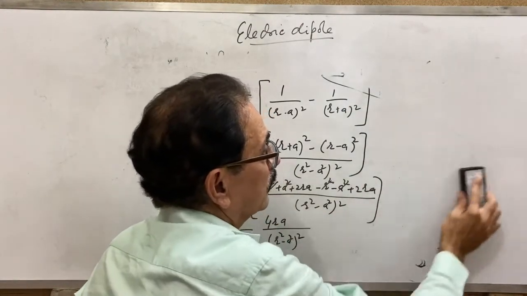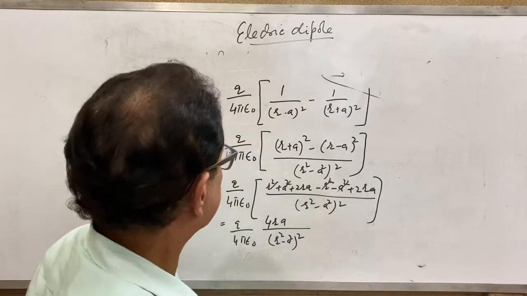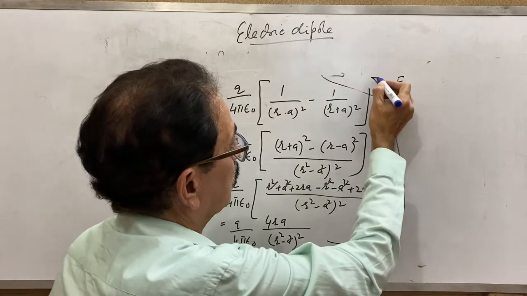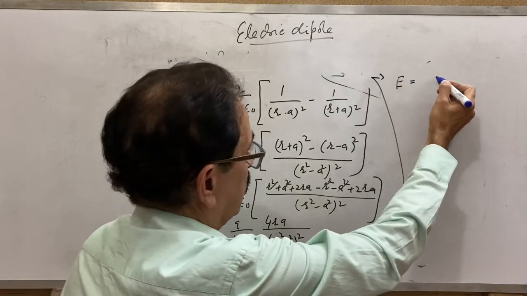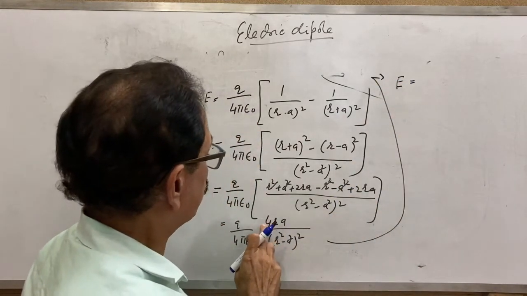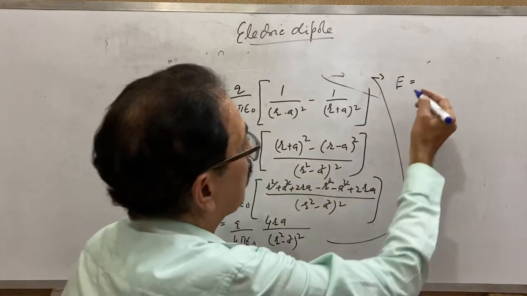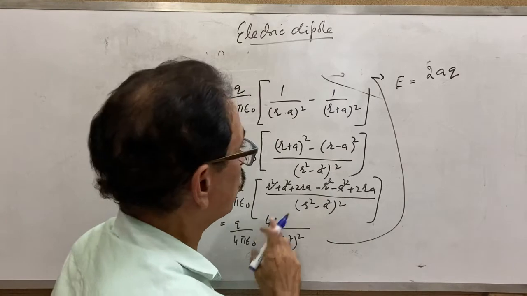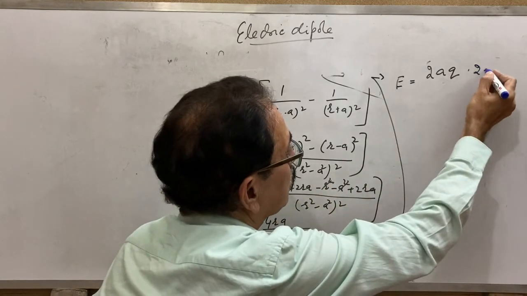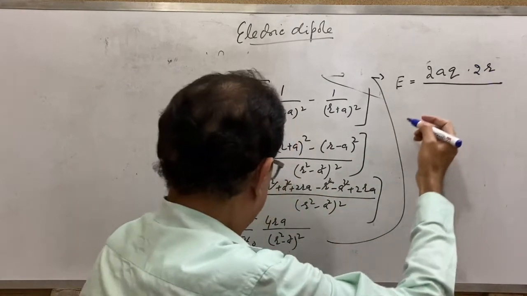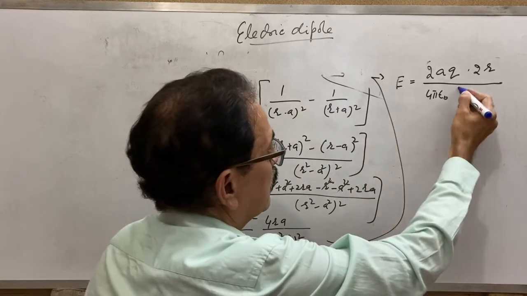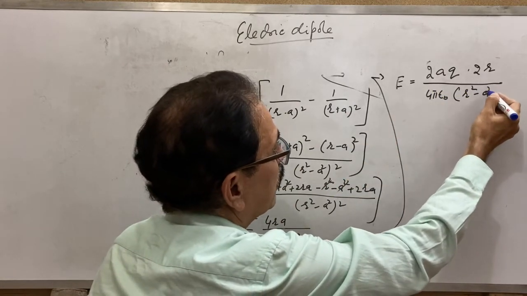So we can write it as E is equal to, I will write here this 2aq like this, 2aq into 2r divided by 4 pi epsilon naught r square minus a square whole square.